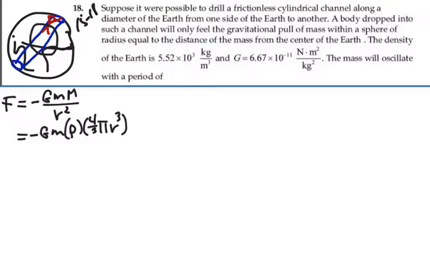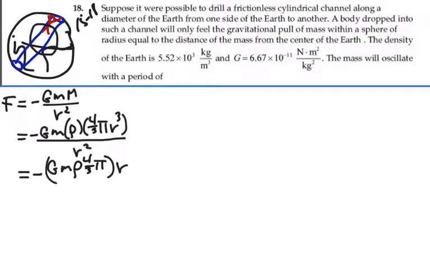That's because the mass is going to be a variable, in this case a function of r. And all this is over r squared. So two of the r's are going to cancel out, numerator and denominator. And we are going to have that this force is equal to negative G, mass, rho, density of the Earth, 4/3 pi, and all that times r.